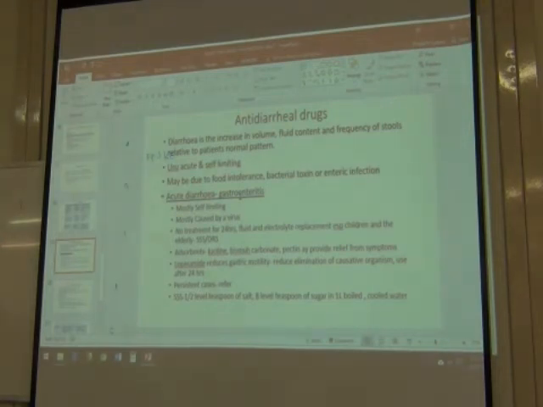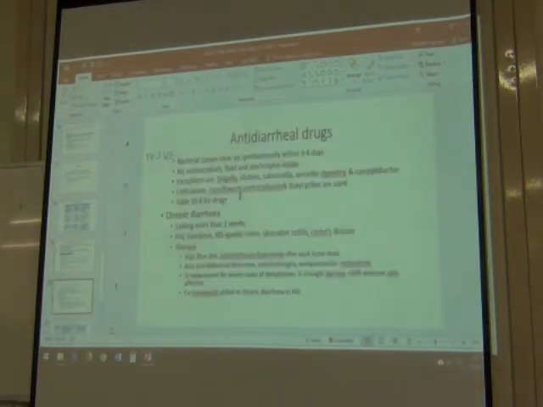But loperamide reduces gastric motility. It reduces the frequency of the stool, and so the patient retains the virus in the system and the virus keeps causing a problem. That's why for 24 hours you don't want to give any medication. And your SSS, I'm sure you know how to prepare that.